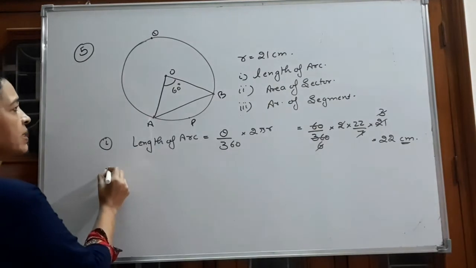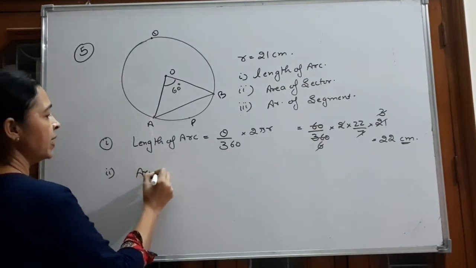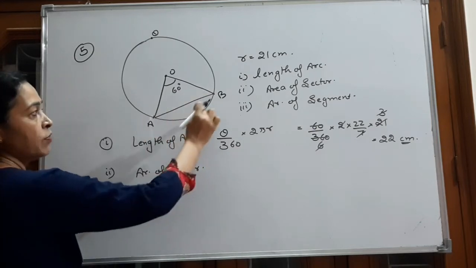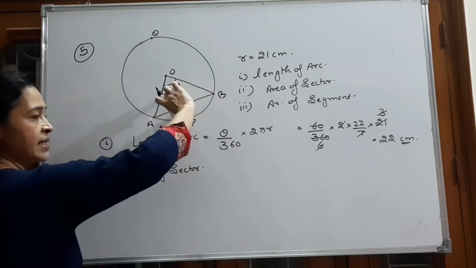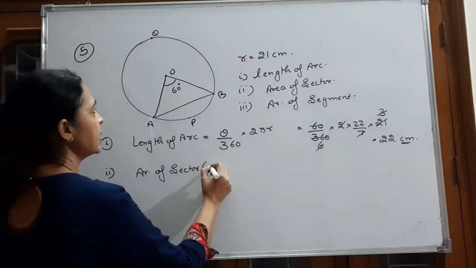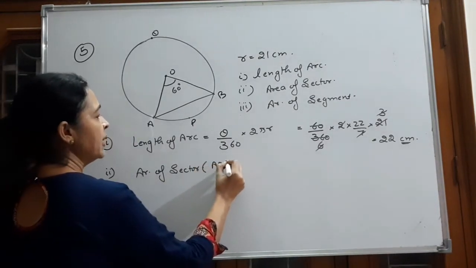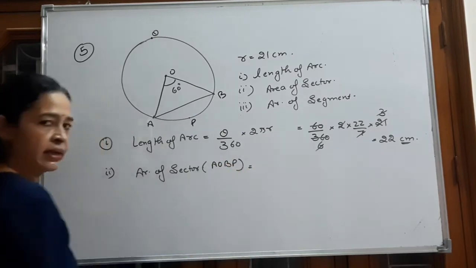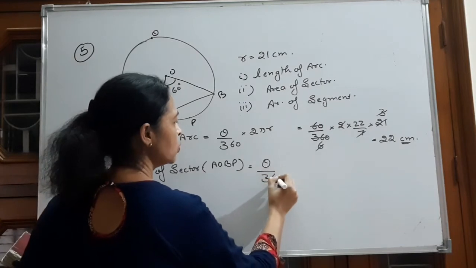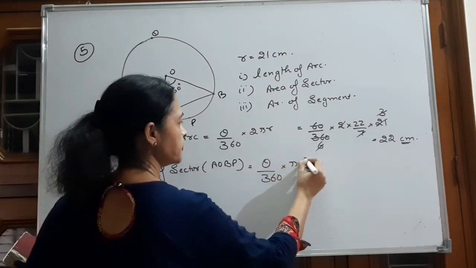Now, second, what do we have to find? We have to find the area of the sector. Which sector? The sector formed by this arc, this sector. It is a minor sector. Area of sector AOBP, which is a minor sector. What is the formula? Theta upon 360 into pi r square.